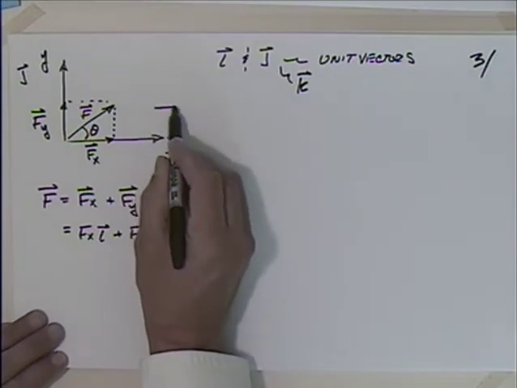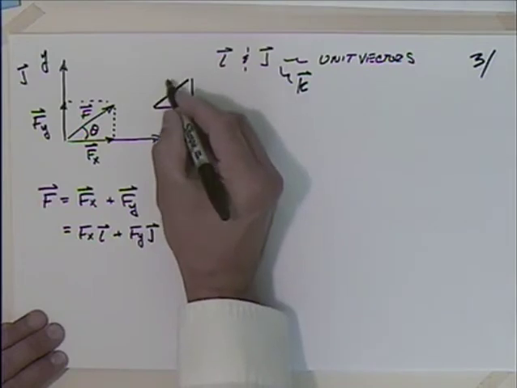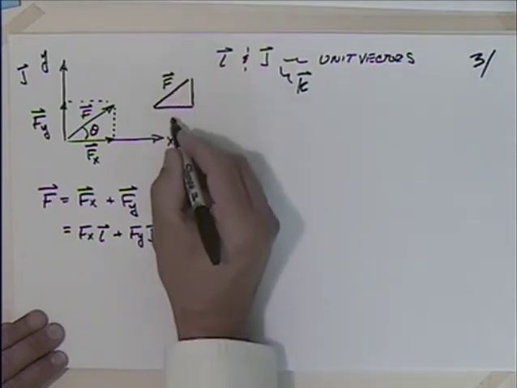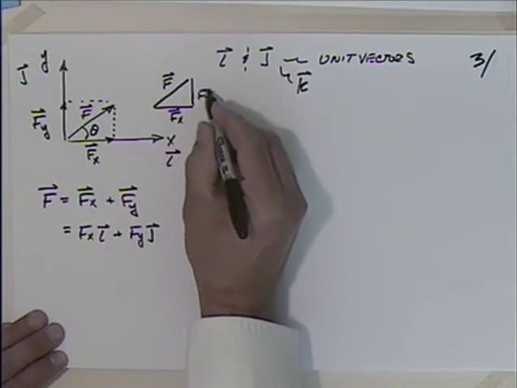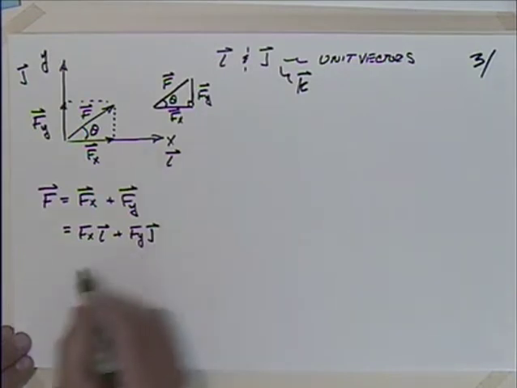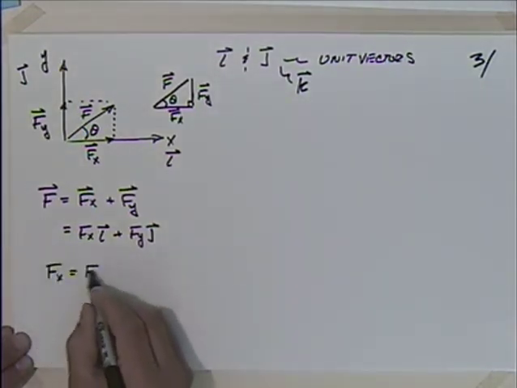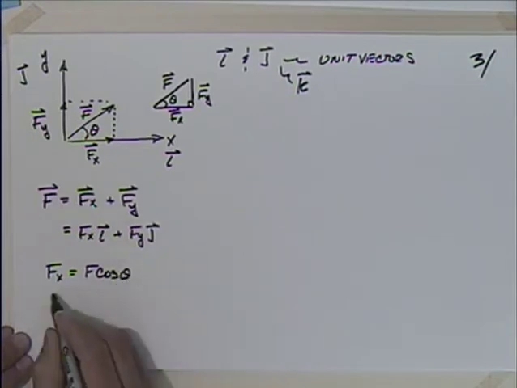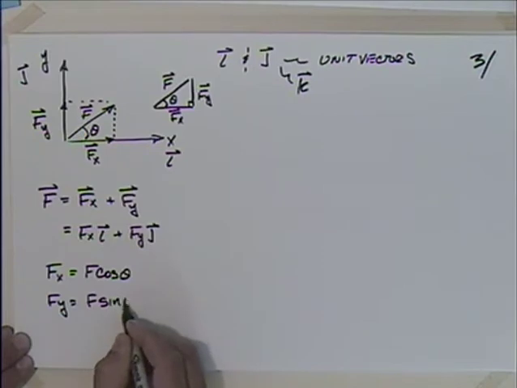We really just have a triangle here, don't we? Where the hypotenuse is the force F. We have Fx over here, and we have Fy there, a right triangle. There is theta. So we can say fairly easily that the magnitude of Fx is equal to F times the cosine of theta, whereas the magnitude of Fy is equal to F times the sine of theta.